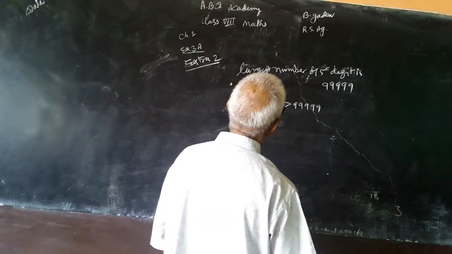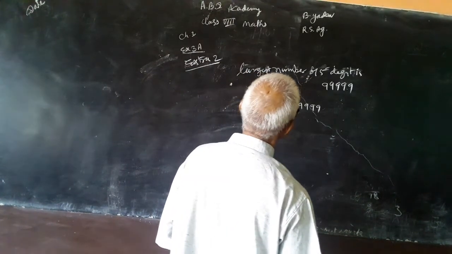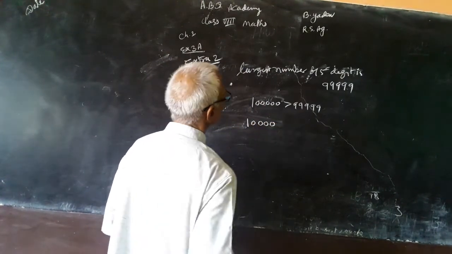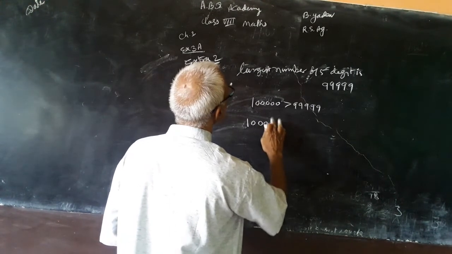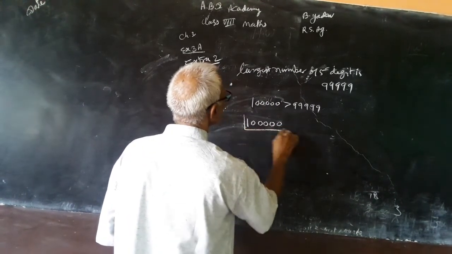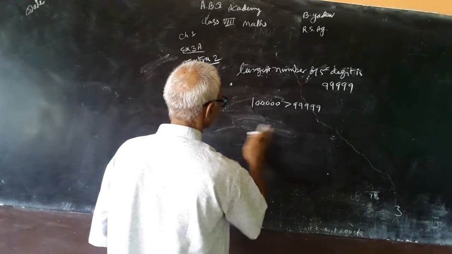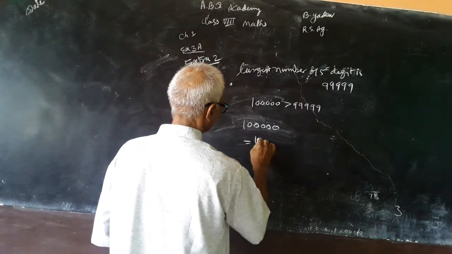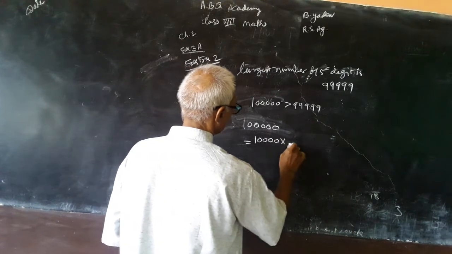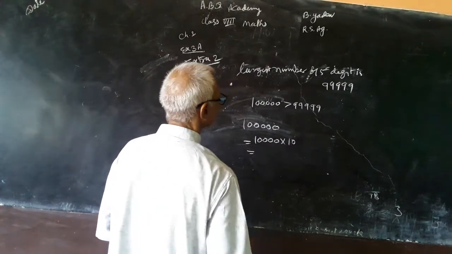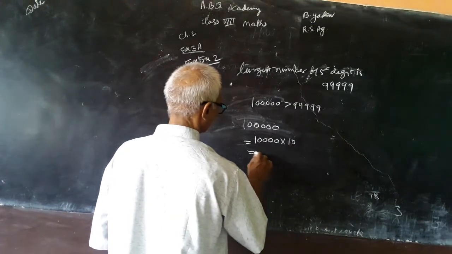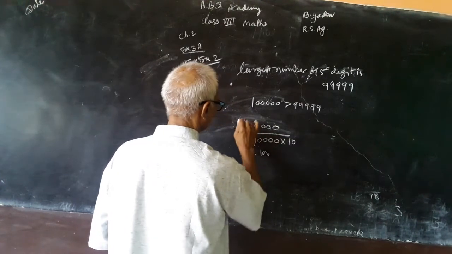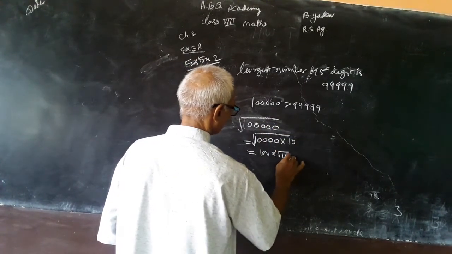So it will be a difficult one. It is 4 zeros, here it is 5 zeros. It is 10000 into 10. So the square root of this is 100 into square root of 10.